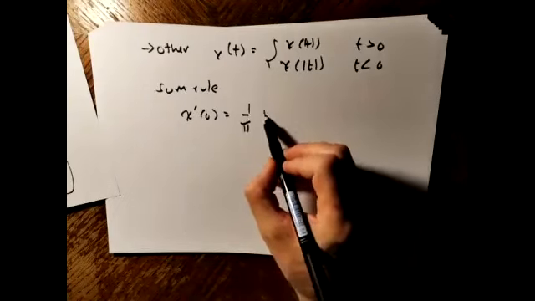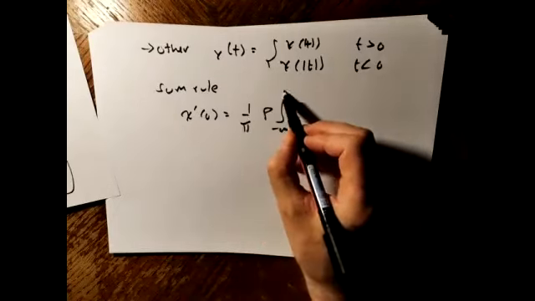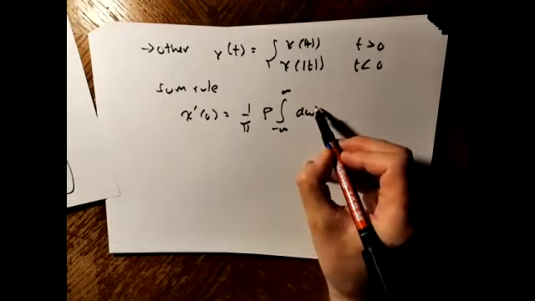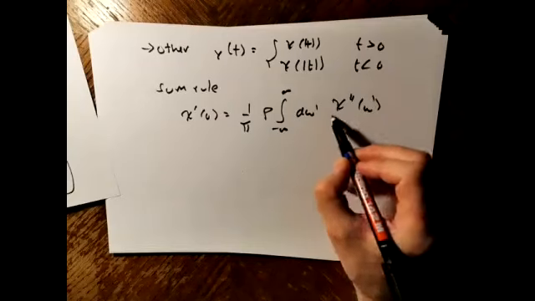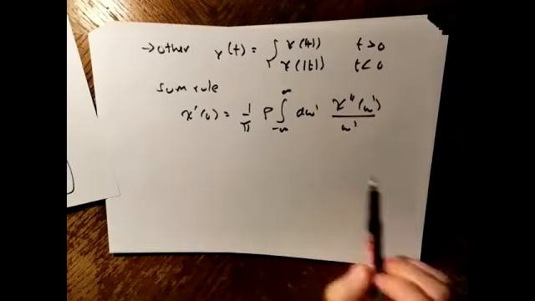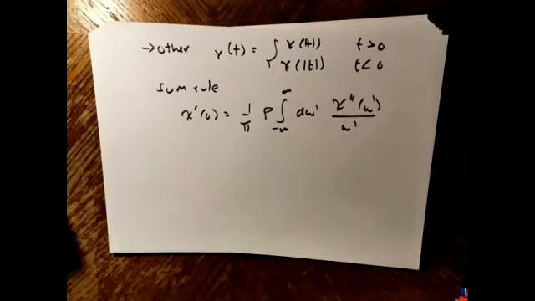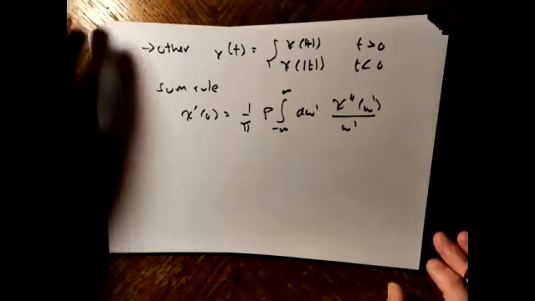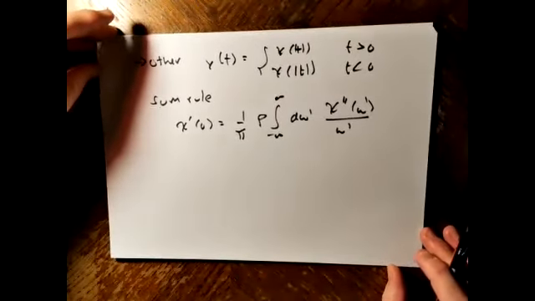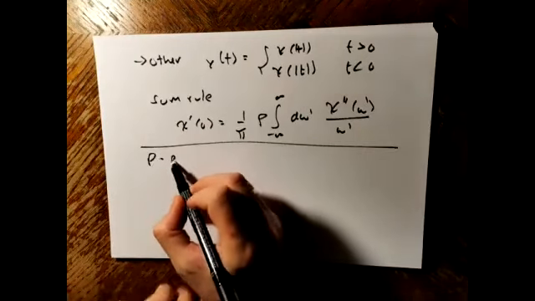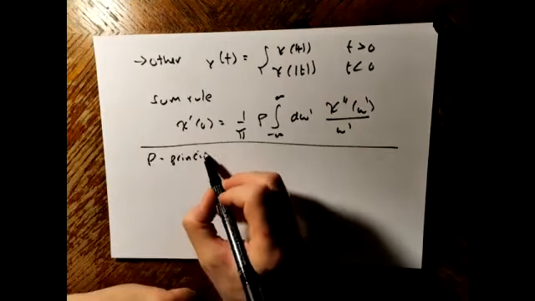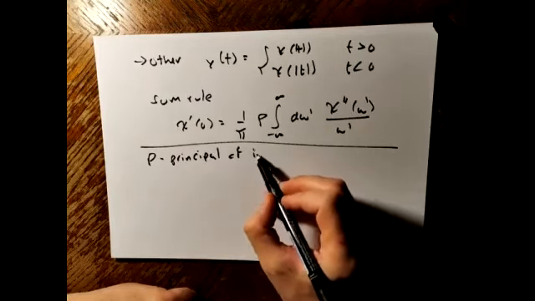So it's the same expression, principal value integral from minus infinity to plus infinity dω′ over ω′. This is known as the sum rule for the real part of the susceptibility. And the last little technicality that I want to quickly discuss is what we mean by the principal part of the integral.